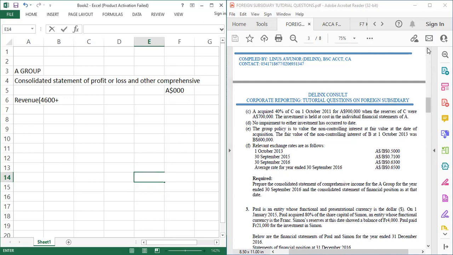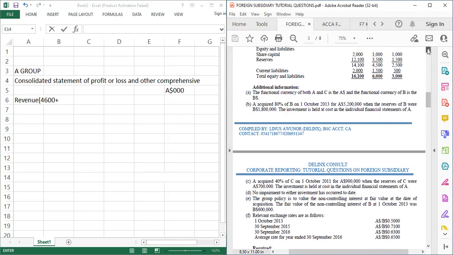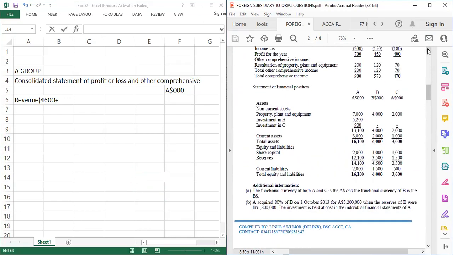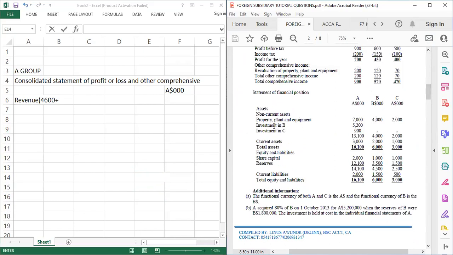What is the parent investment in the subsidiary? 5,200. Okay, the parent is measuring this at its own figure. Sometimes they can give you the parent figure here, then they will give you the one in the subsidiary's currency.